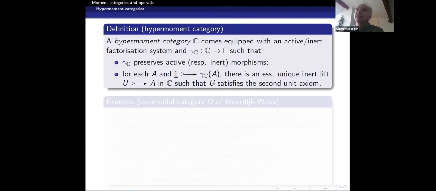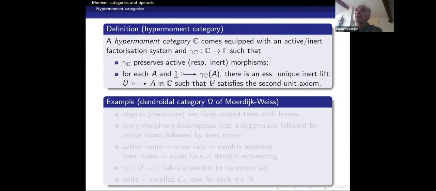So this is a hypermoment category, and there are important hypermoment categories which are not moment categories. The dendroidal category of Ieke and Itai is such a hypermoment category. The objects are dendrices. Now I will describe the morphisms using already the active-inert factorization system, and actually I also use the epi-mono factorization system.